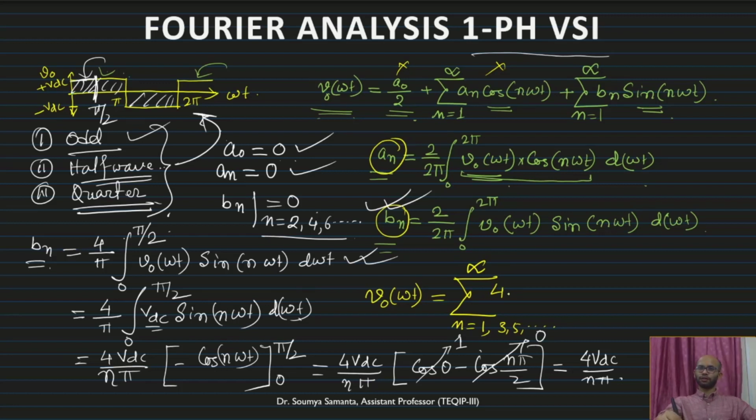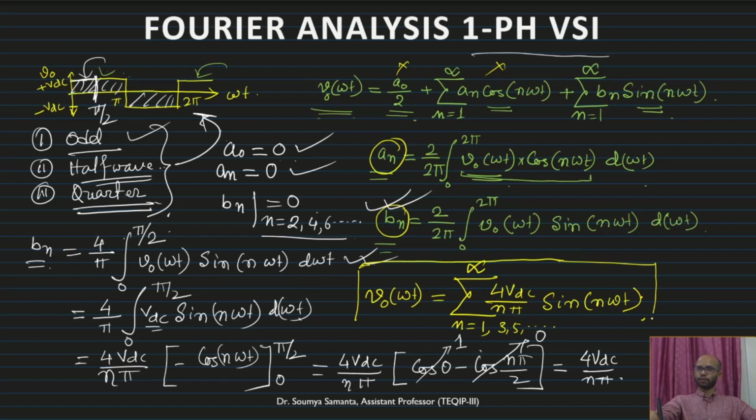This is 4 VDC by n pi into sine of n omega t. That is the expression of the output voltage waveform for single phase inverter. This is the output waveform.